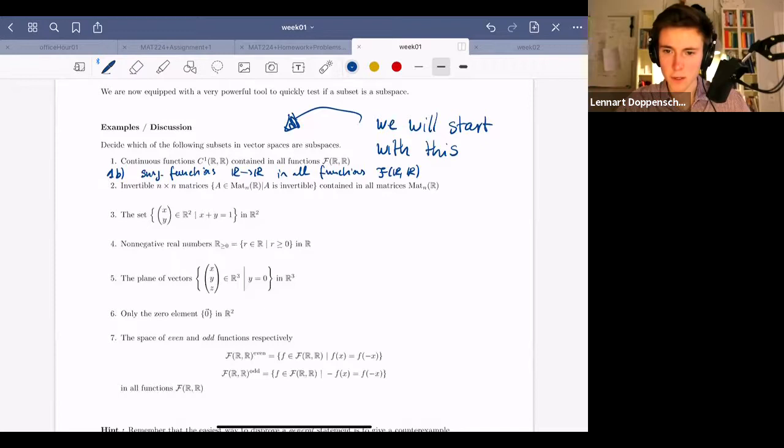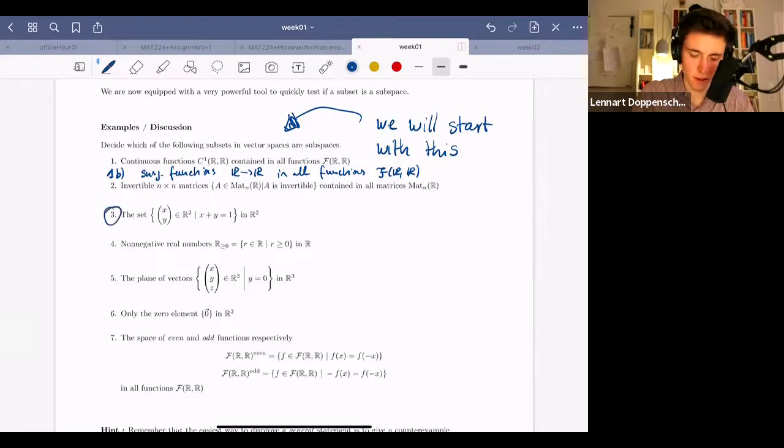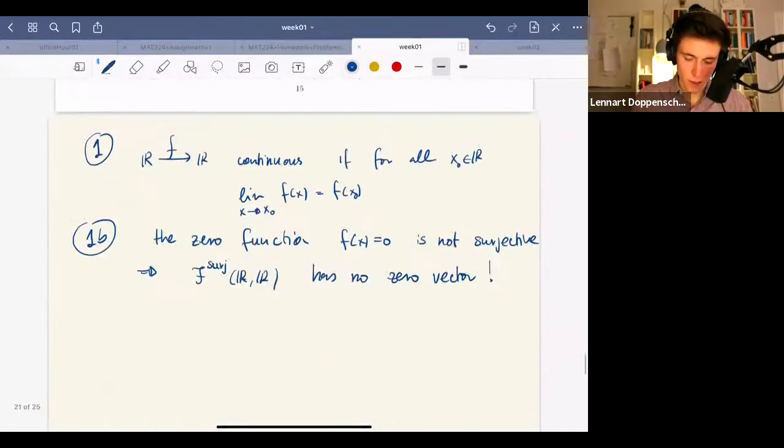Andrew, can you tell me what you think? So I was thinking that the plane, the line as defined by number 3 isn't a subspace, as it doesn't contain the origin. Yes.